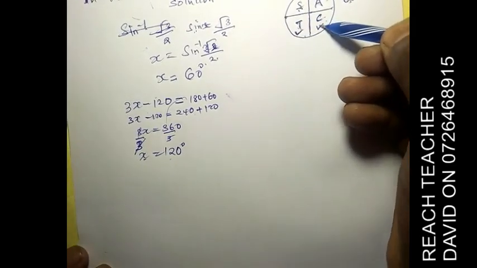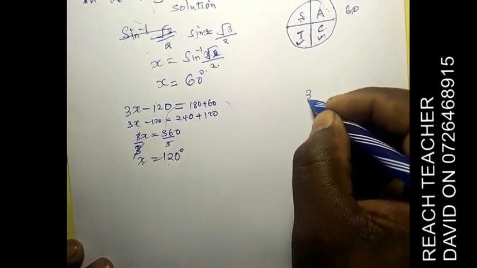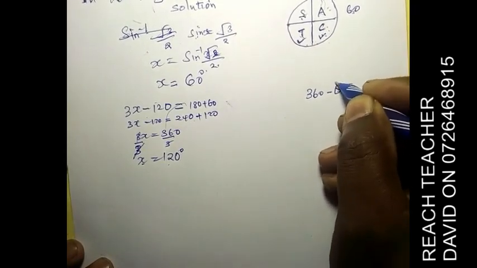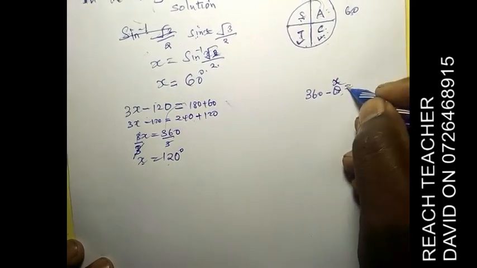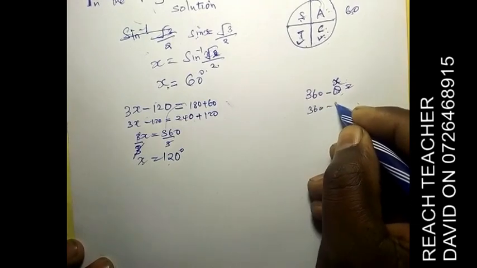What if now we are in the fourth quadrant? How do you get an angle in the fourth quadrant? It is 360 minus theta. Our theta here, our x, is 60. Remember that? So it is 360 minus 60.